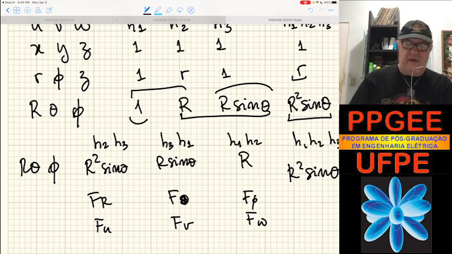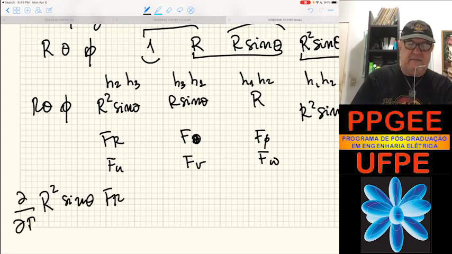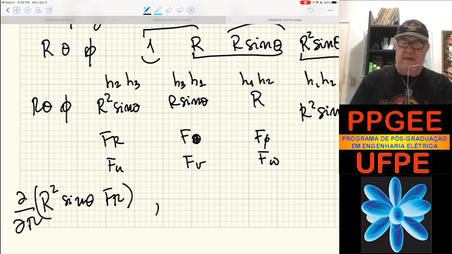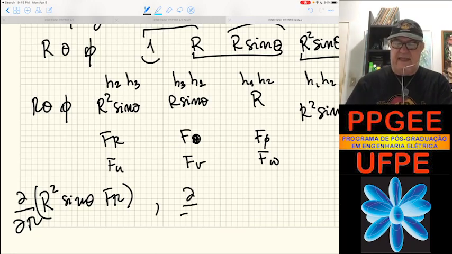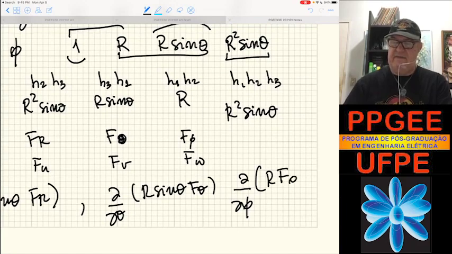So we're going to have the derivative of R squared sine theta F_R with respect to R. Then we're going to have the derivative with respect to theta of R sine theta F theta. And you're going to have the derivative with respect to phi of R F phi.